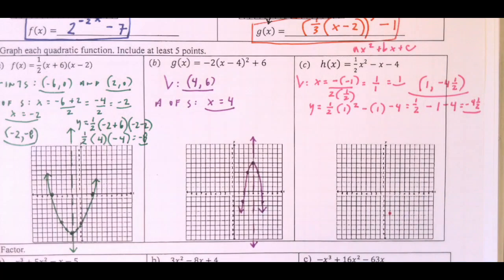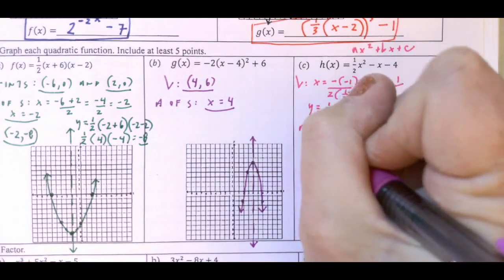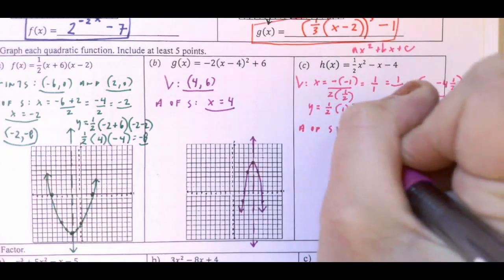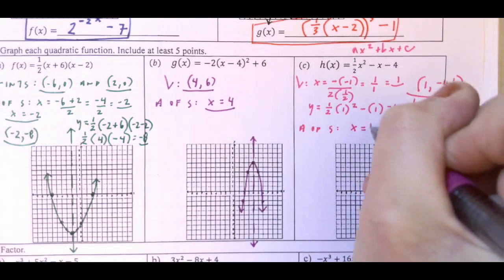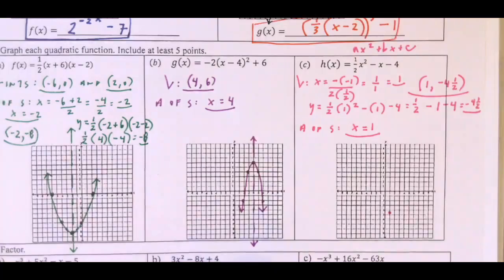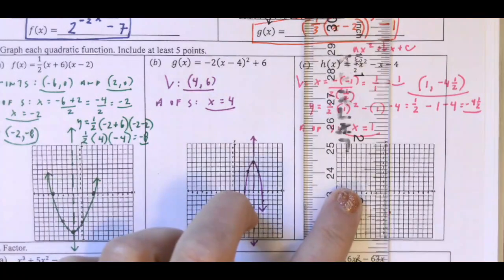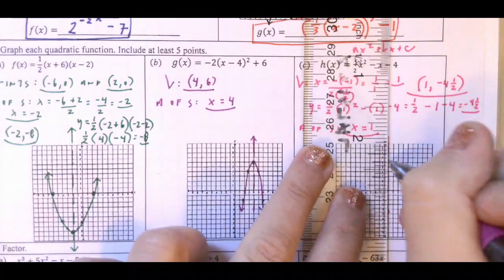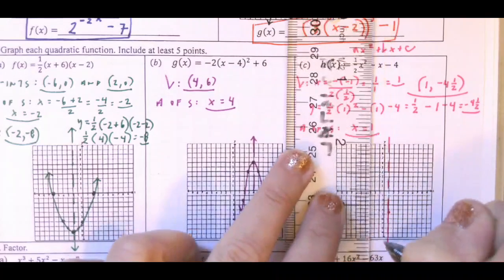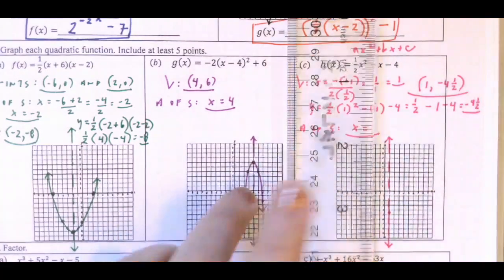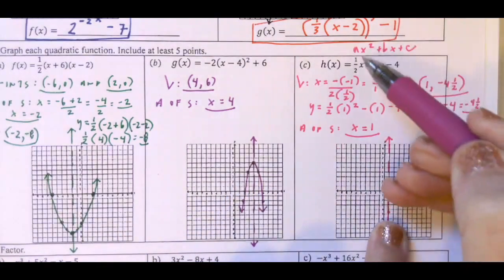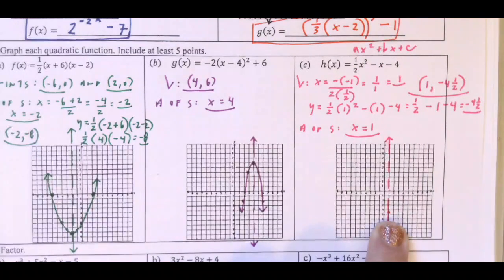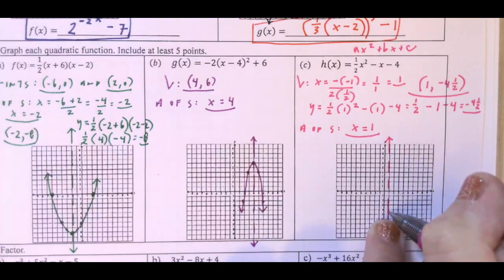Okay, then my axis of symmetry would be the vertical line, x equals 1. And then that 1/2 right here tells me a vertical shrink by 1/2. So from here, I'm over 1 up 1/2 of 1.